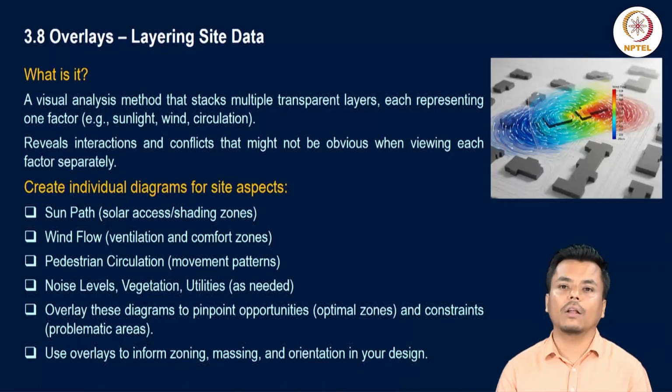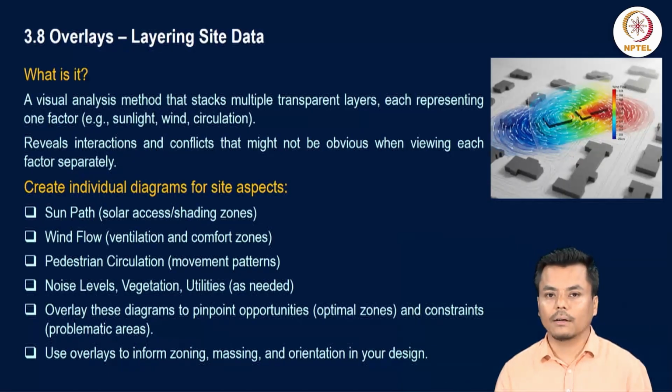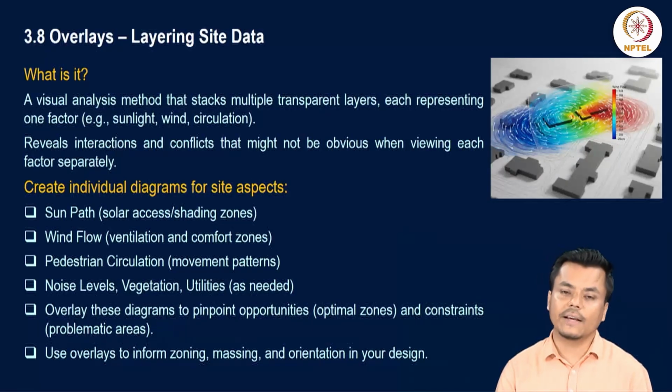You overlay all these different layers, and then you will try to see the optimum spaces where, according to the requirement of that project, you place different blocks of the project as per the layers, or as per the best site or best place or zone that you define from your overlay analysis.